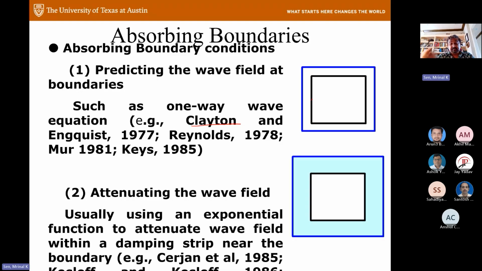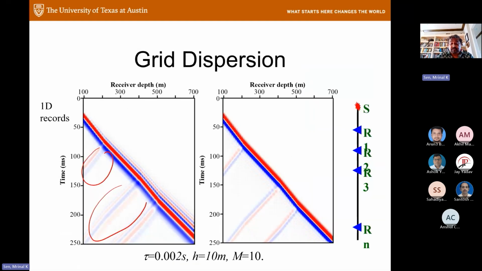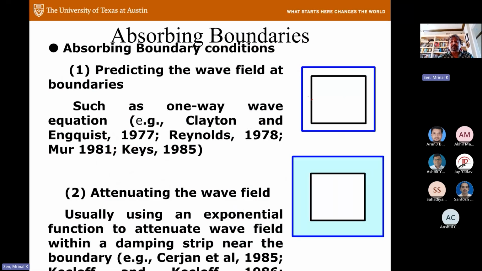Now, if you're familiar with the migration literature, one-way wave equation migration and things like that, that was pioneered by John Claerbout. One of the applications of the one-way wave equation was also to use it in the absorbing boundary condition. The idea here is that as soon as it hits the boundary, you switch from two-way to one-way wave propagation.